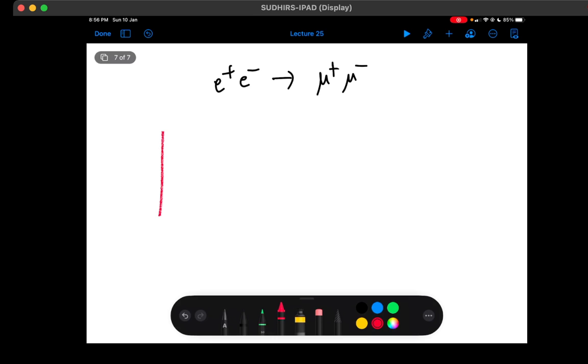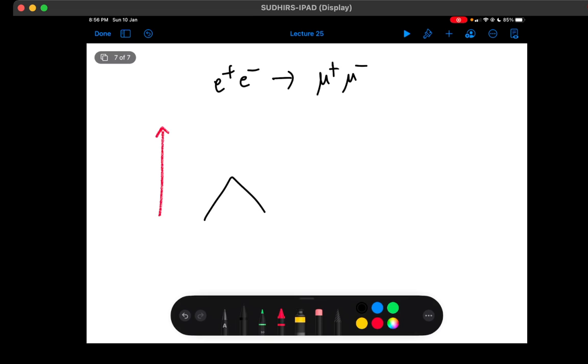The photon, so this is mu plus mu minus, e plus e minus. Now just replicate this diagram.